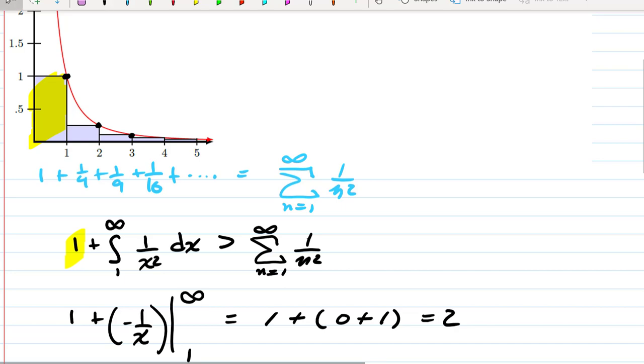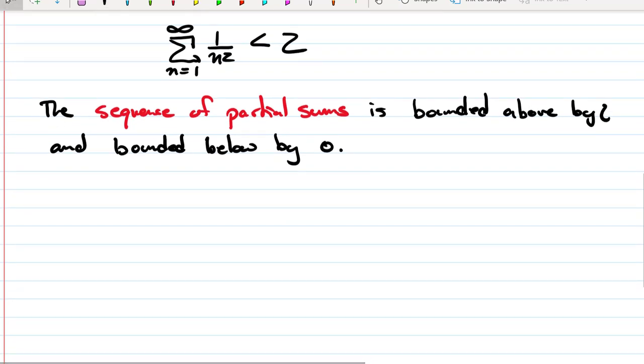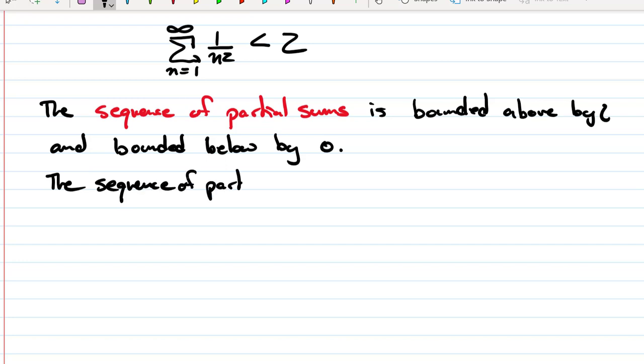Also, this sum, since we're only adding positive things, is always getting larger. So the sequence of partial sums is always increasing.